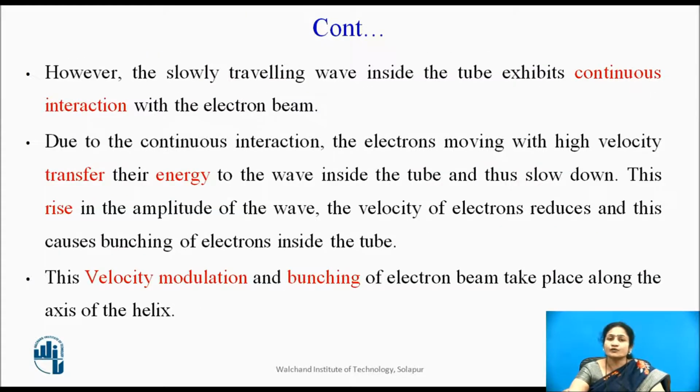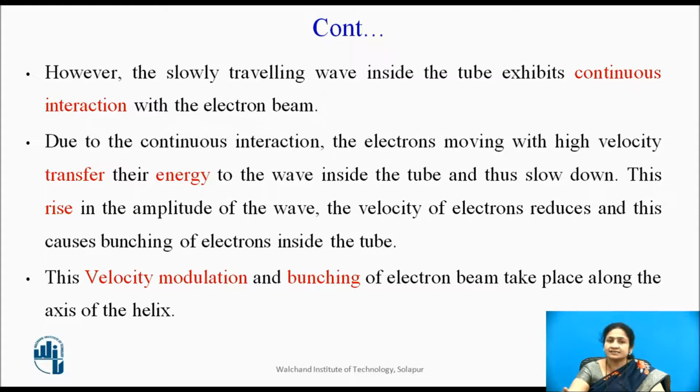However, the slow wave inside the tube exhibits continuous interaction with the electron beam. Due to this continuous interaction, the electrons moving with high velocity transfer energy to the wave inside the tube. As these electrons are DC, they give up the energy in the form of AC signals and thus slow down.